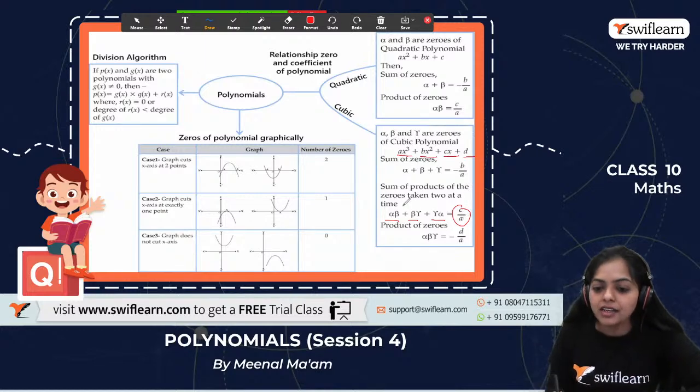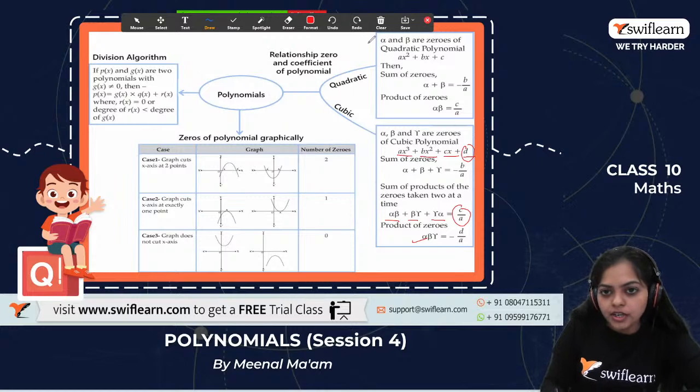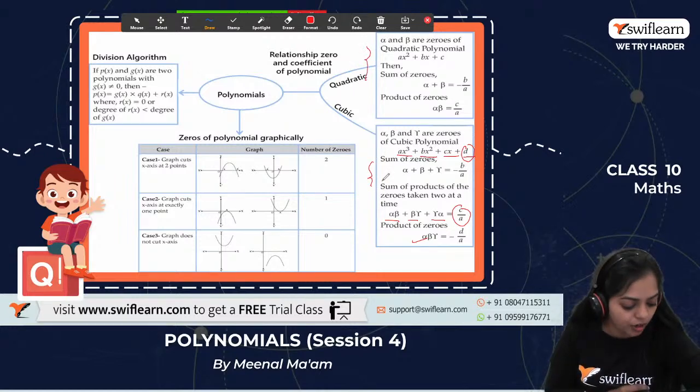And last, the product of zeros, alpha beta gamma, is equal to minus d by a, that is, the constant term divided by the coefficient of x cube. Got it? So these two things we discussed in the last session. Got it everyone?